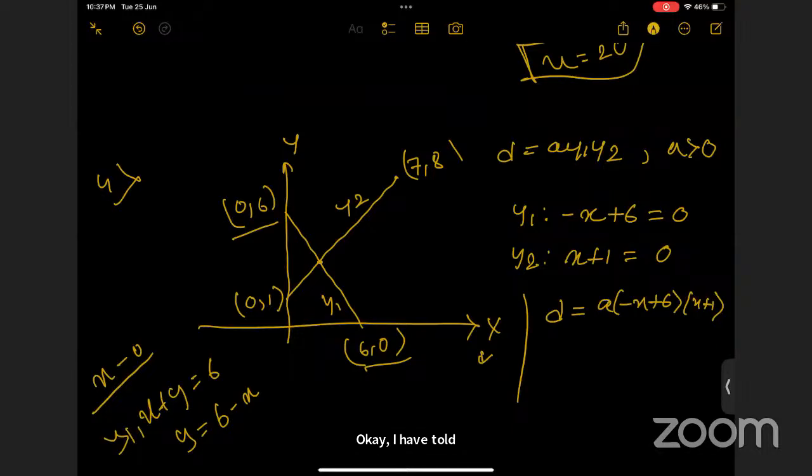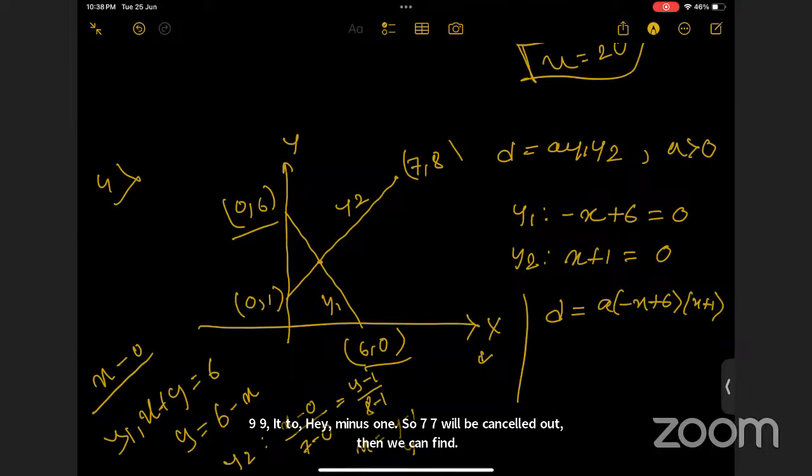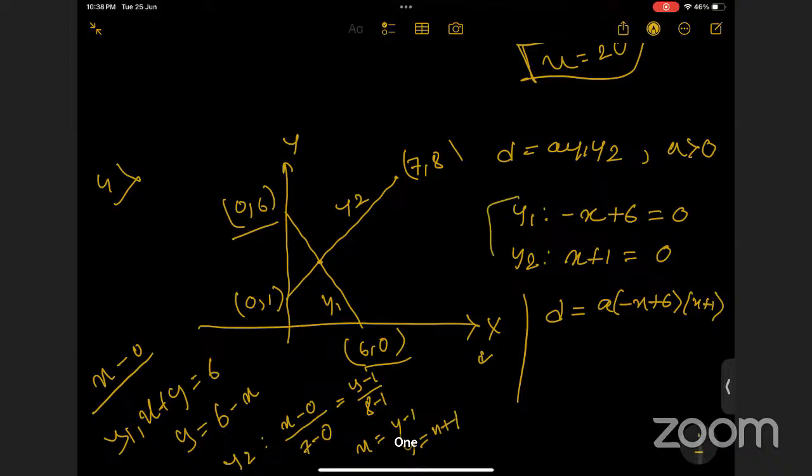This is y1, you are correct. This two-point it will be y2. y minus 0 over 7 minus 0 equals y minus 1 over 8 minus 1. So 7 will be cancelled out. Then we can find y equals x plus 1. Yeah, your equations are correct. These are the two equations.